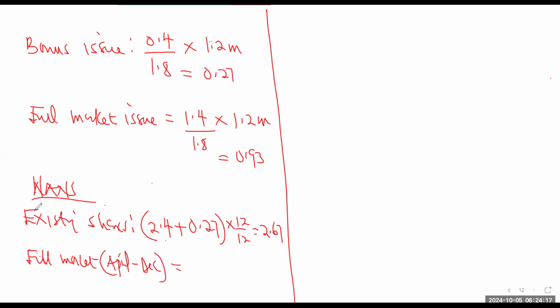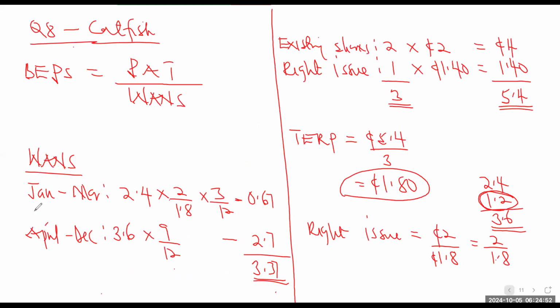That will be 0.93 multiplied by 9 over 12. What are we having? 0.7. So we have 0.7. What is the total? 3.37. Okay, so we now come here.